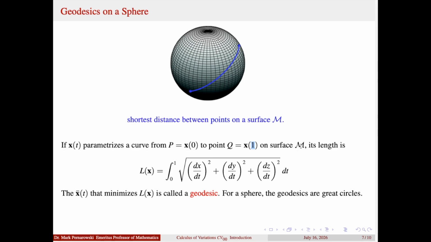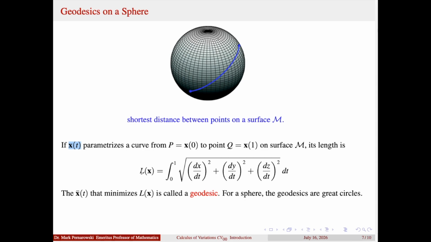The surface M is defined by whatever equation you like, but it's a sphere in this case, or it could be some other surface. Regardless, the arc length in multivariate calculus is given by taking the derivatives of the x, y, and z components of the vector valued function x of t, squaring them, adding them together, and integrating in time. That gives you the length of that curve.